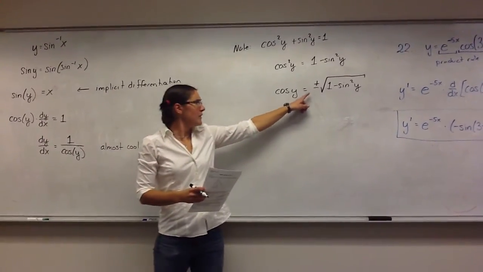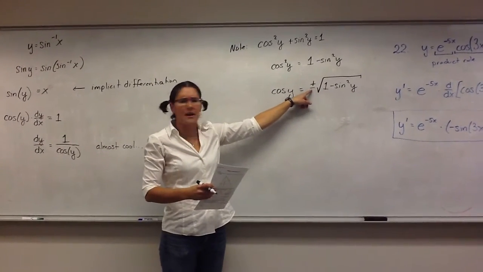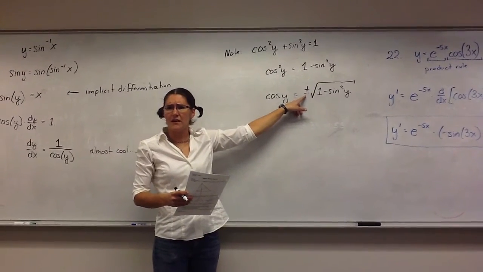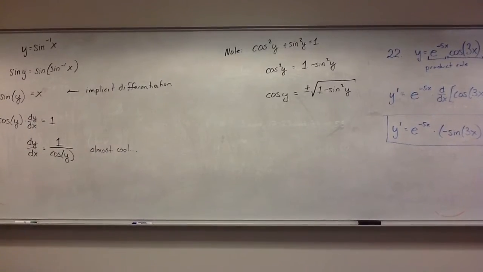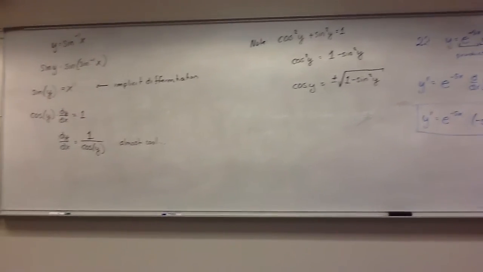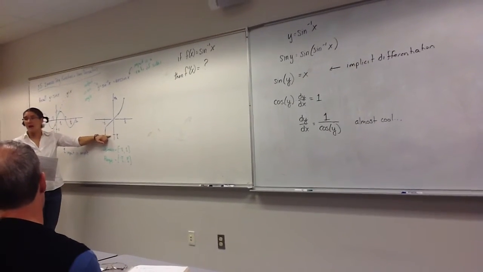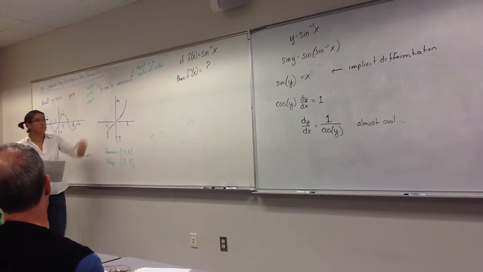All right. Looking at what I have here, I'd like to be able to write this in over here. The problem here is that I've got a plus or minus in front, so I have to choose between the plus and the minus. And here's how I think about this. On my y equals inverse sine of x function, my y values are angles between negative pi over 2 and positive pi over 2.